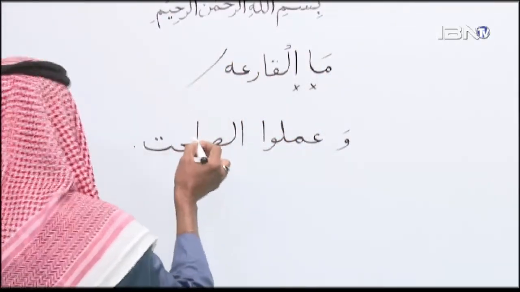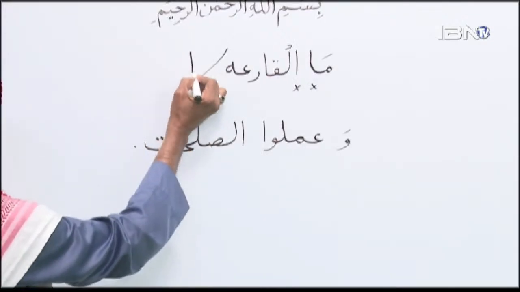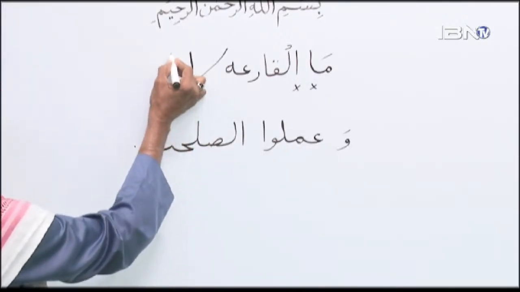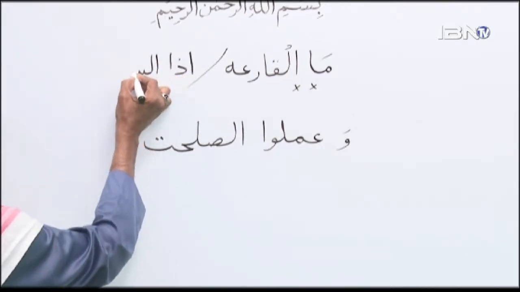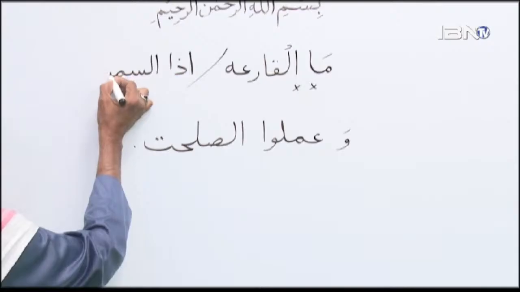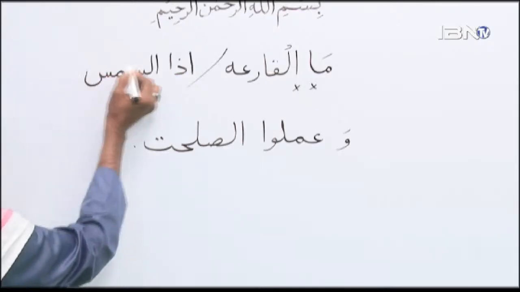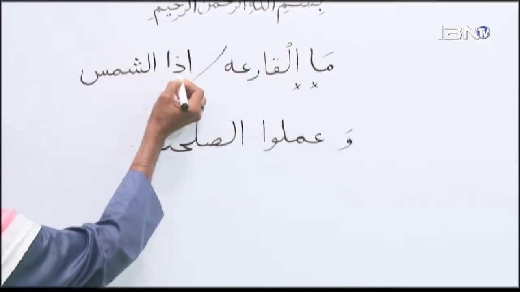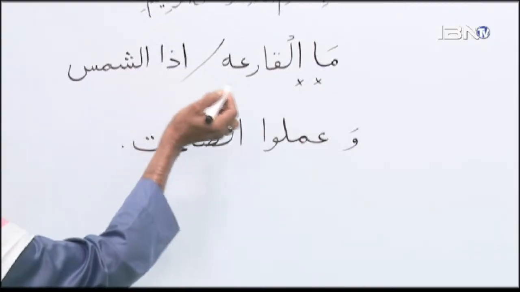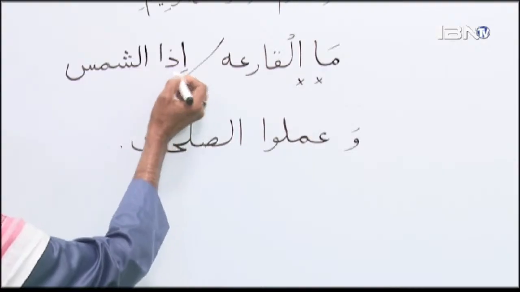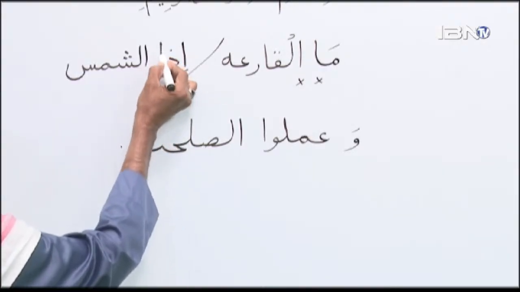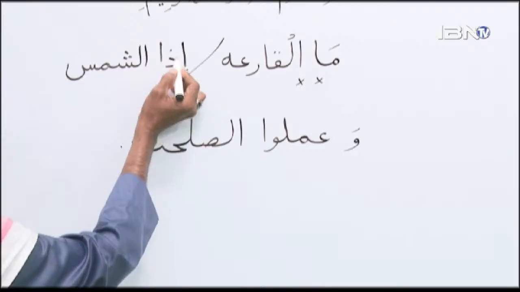Then we could have, not we could have, but it is in the Quran. All right? But we are seeing an example where we will have to leave out 2 letters here. Here we are going to ignore this one.